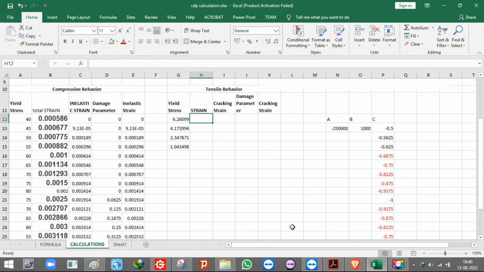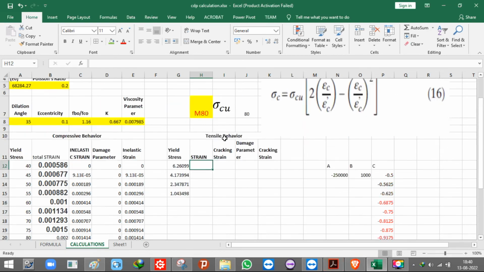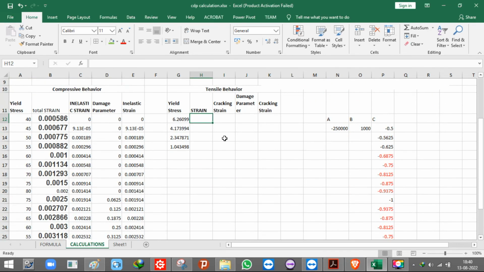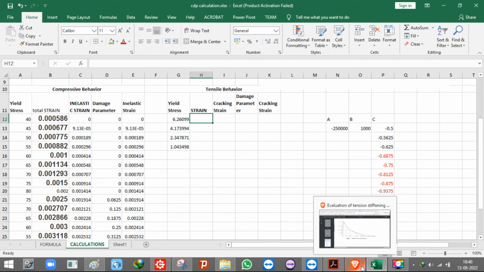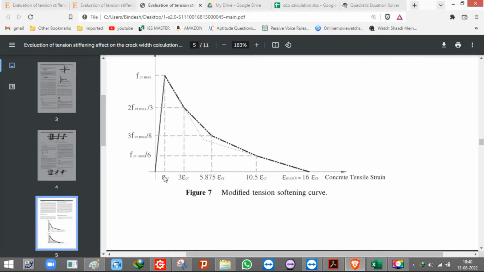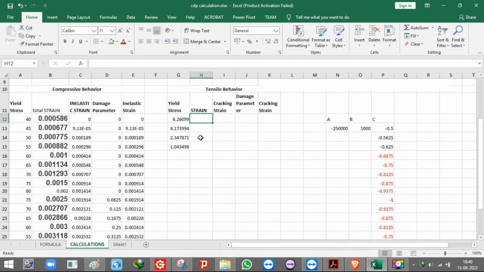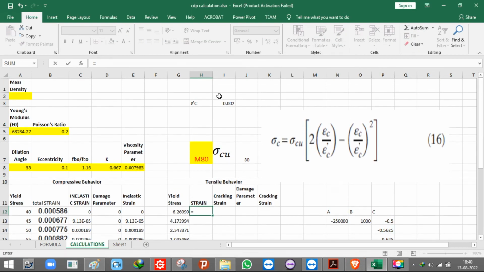Now strain, total strain. We can directly find total strain using the stress upon strain formula. What will be the first strain value? Epsilon CR. We have the modulus of elasticity, so it will be stress divided by modulus of elasticity.